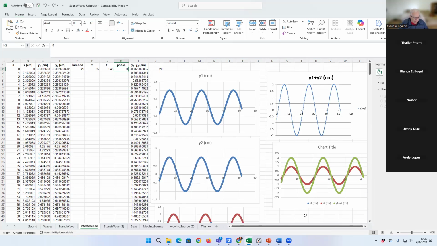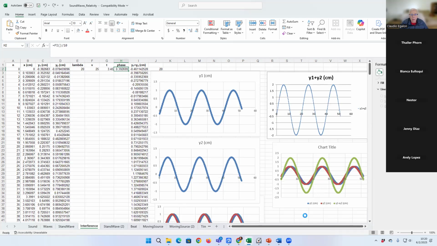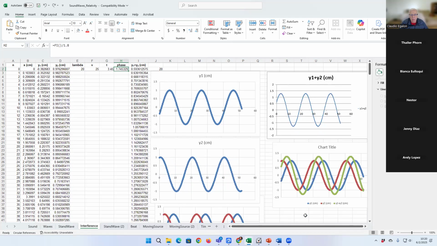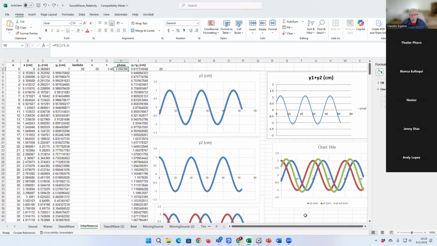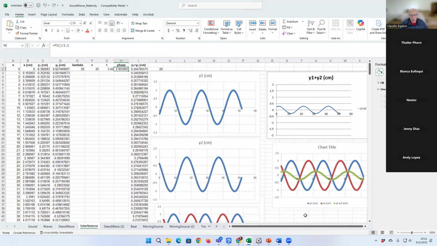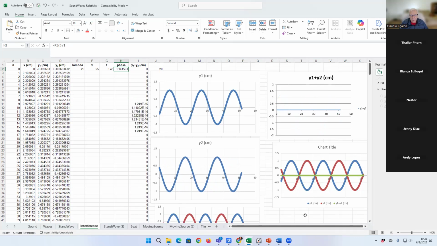Again, little by little, I'm going to change the phase so you can appreciate what happens when the two waves are phased out. Little by little, the amplitude of the green wave becomes smaller and smaller, until we have complete destructive interference.